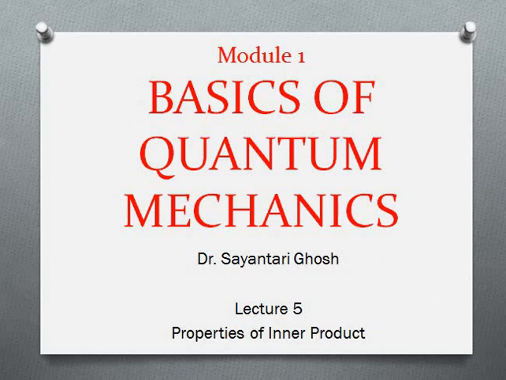Hello students, let us start our discussion on certain properties of inner product. As we have learned about dual spaces and inner product or scalar product in our last class, what we saw are that there are certain properties that we can associate with inner product.